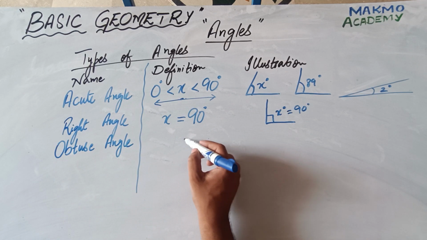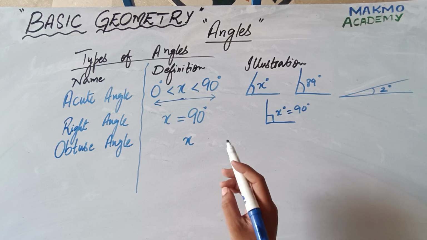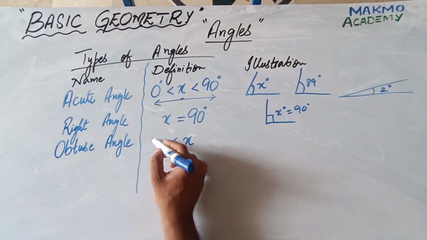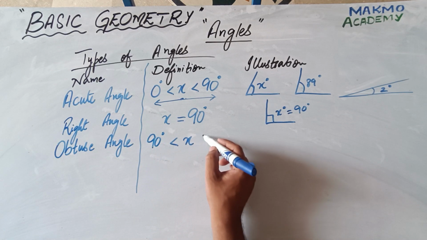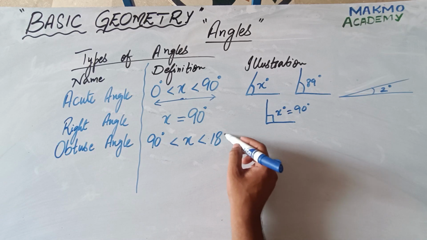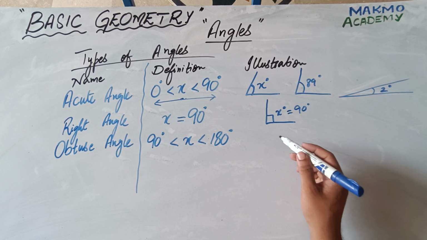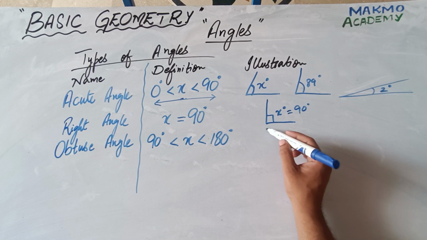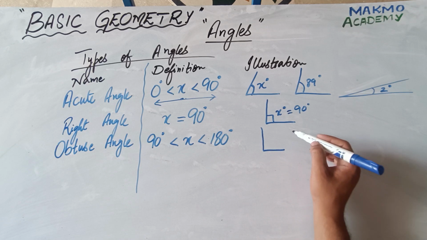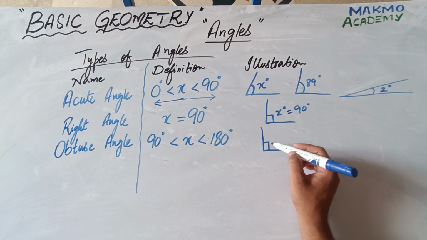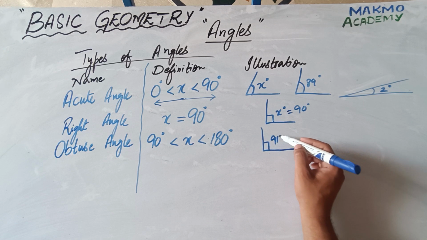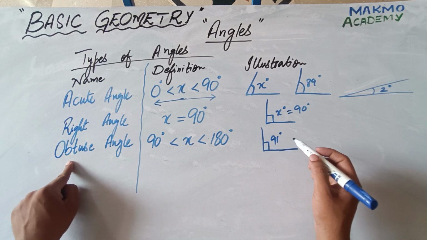Now if the size of x is greater than 90 degrees and lesser than 180 degrees, which means that if it is a bit more than 90, for example, if the size of this x is 91, again it would be an obtuse angle.